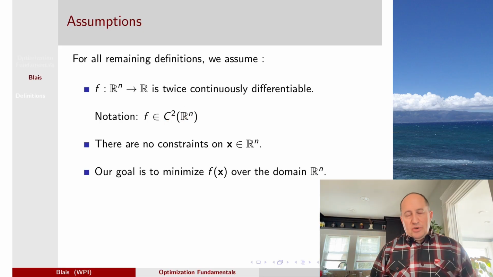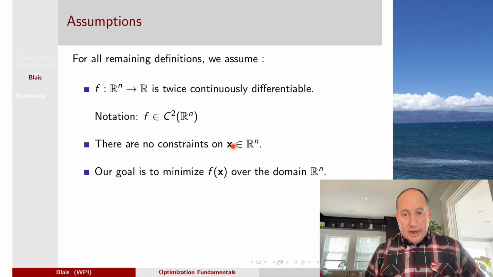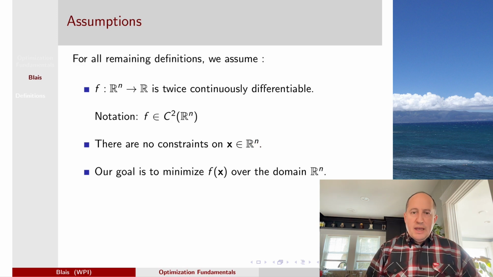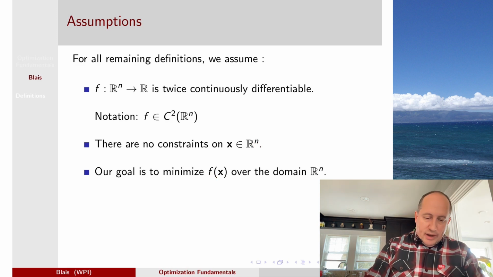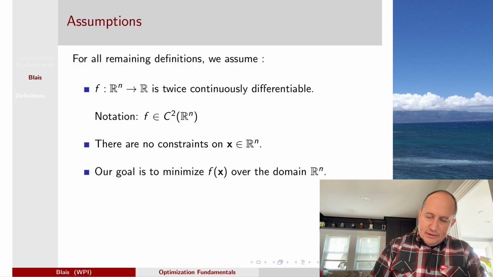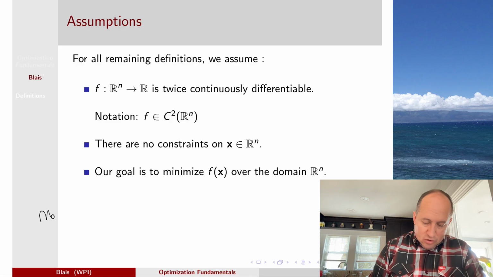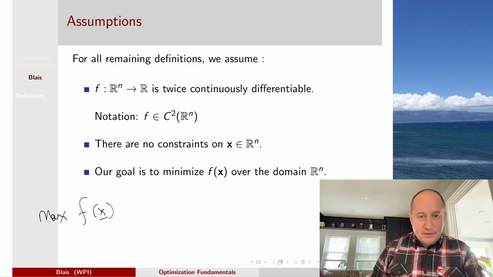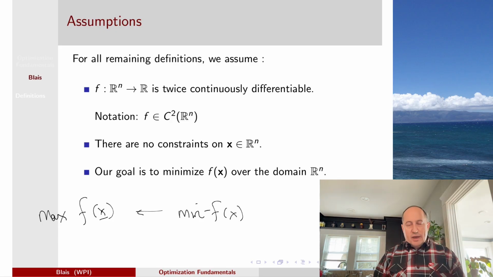We're going to assume that we're doing unconstrained optimization, so we have no constraints on our x. Our domain is just n-dimensional real space, and our goal is to minimize f of x over the domain Rn. And it's worth noting that you may think, well, I want to maximize my function. Well, if your goal is to maximize f of x, you can just rewrite that as minimizing negative f of x.